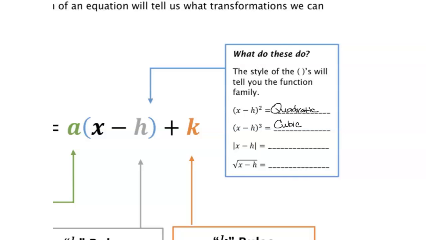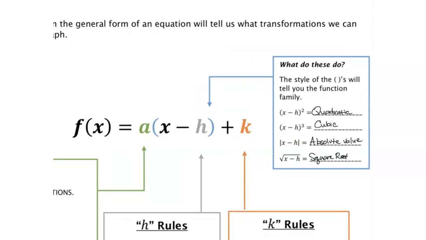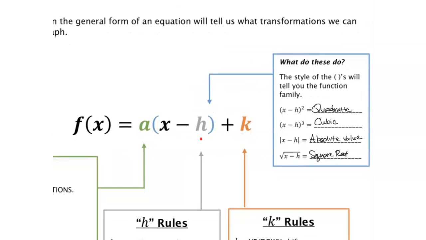And so this type of equation will belong to the absolute value family. And if you see a square root, this belongs to the square root function family. So do note that as we're looking at this general form of an equation, this middle part can vary. And based on what you see, you'll know which function family you're in.